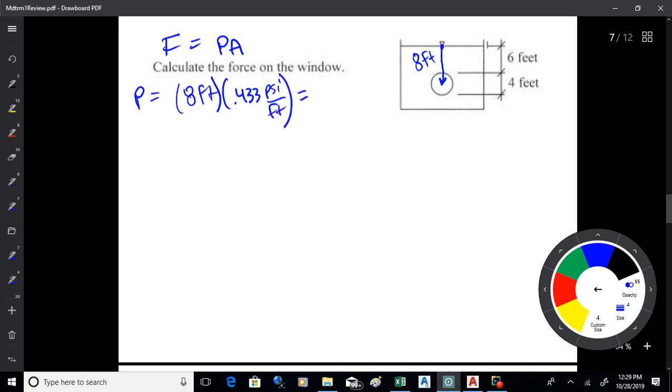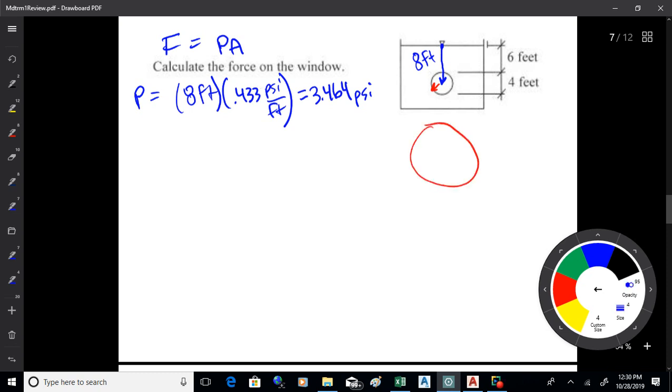So I can find the average pressure on the window. I can take 8 times 0.433, and that's 3.464 psi. Okay.